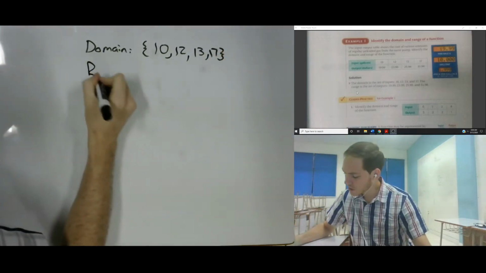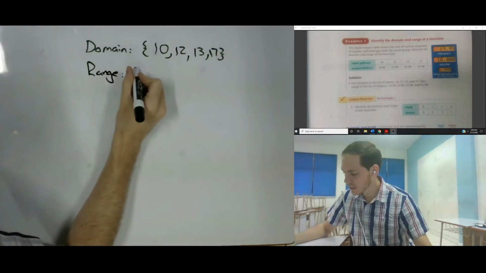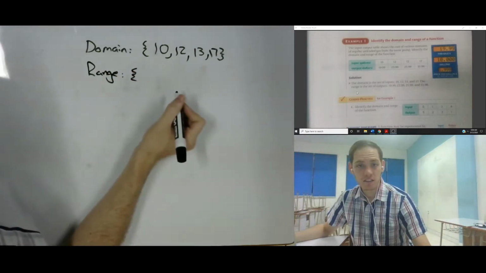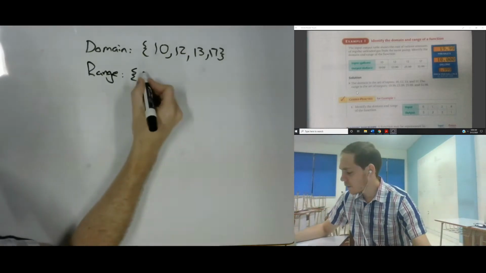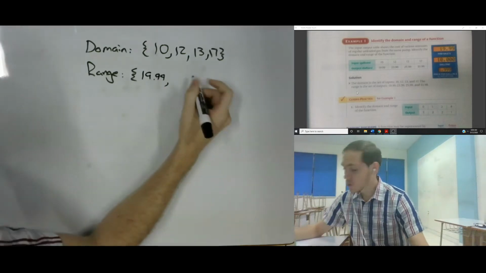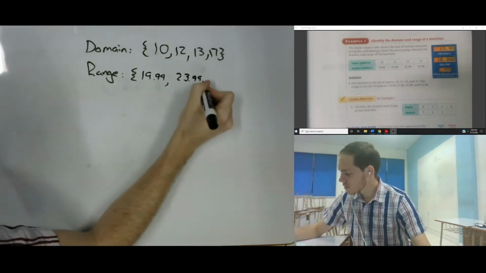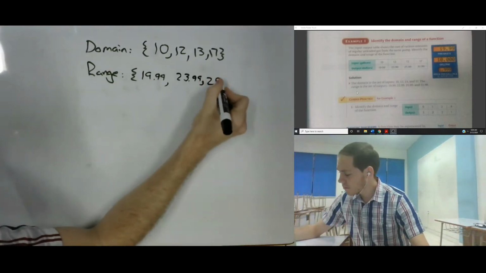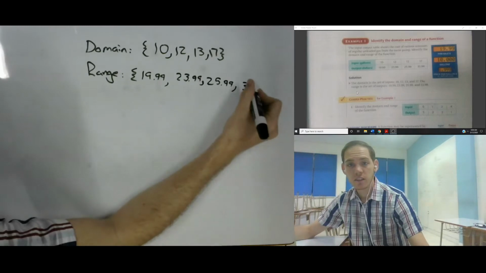What's our range? Pause the video for a second. Write it down. What's our outputs? Our outputs are 19.99, 23.99, 25.99, and 33.98.